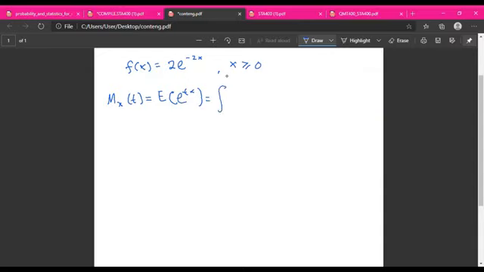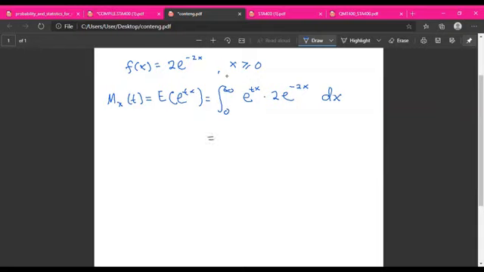By integrate, because this function adalah continuous function. Okay, remember, kena multiply e^tx with the function 2e power of negative 2x terhadap x, okay, from 0 to infinity because of here dia punya interval.